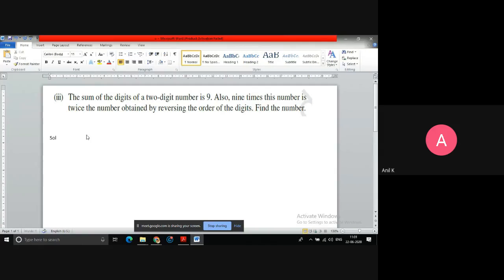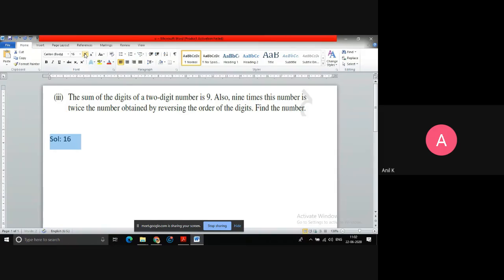Before I solve the example which is given here, let me give you a short introduction. If I have a 2-digit number, in a 2-digit number you have a unit place and a tenth place. Let me take for example 16, a 2-digit number.